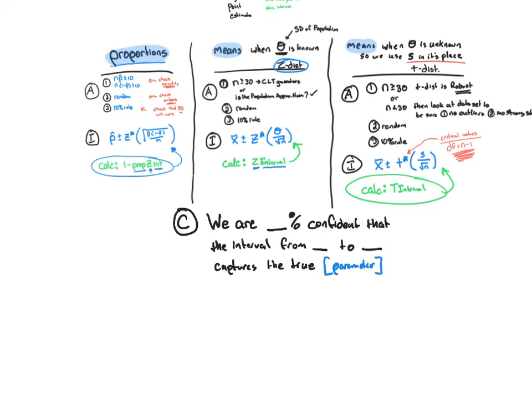So the parameter is either going to be the true proportion or the true mean. And then I'm going to also say context, because you are going to have to then supply the context. What is this about?